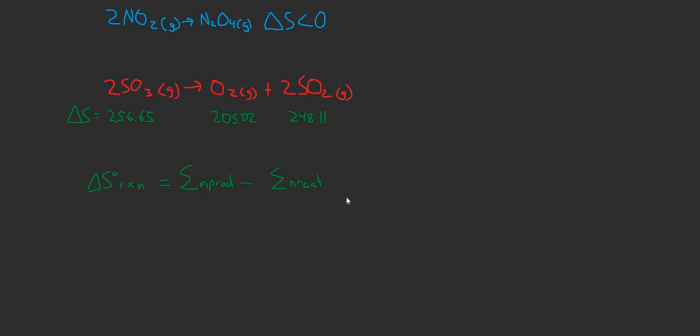And remember, the n is representing the stoichiometric coefficients of each product and each reactant. So keep these coefficients in mind as you go through to do the calculations. So if we set this up for our reaction, this is what we're looking for. So we're trying to calculate the delta S of this reaction under standard conditions. I would like to reiterate, we're doing this under standard conditions.